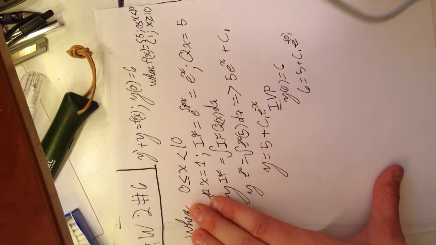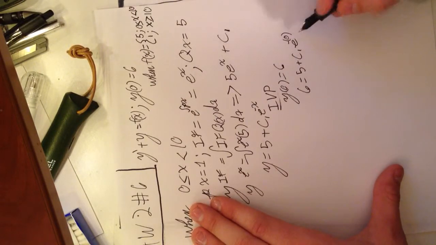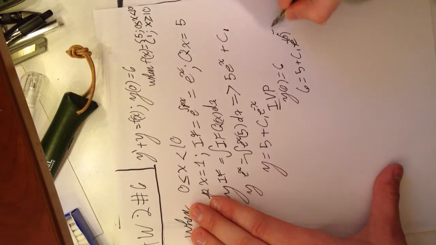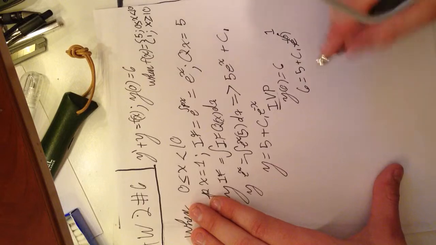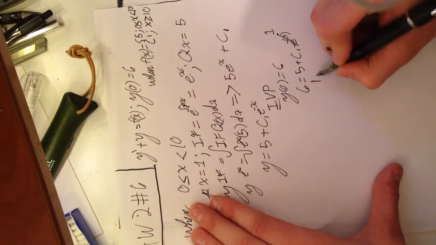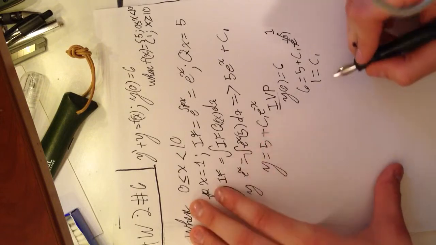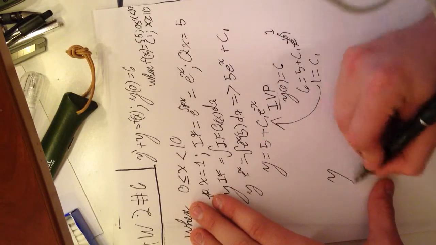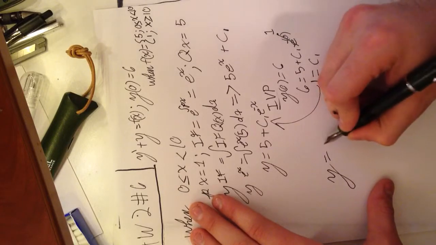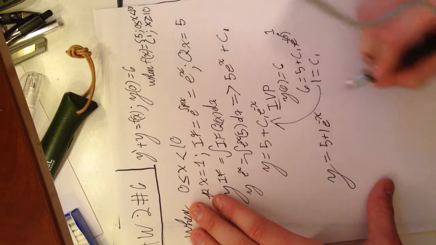Now we know from math that e to the 0 power is just 1, so we can cross that out and put a 1 up here. Now we can subtract 5 over, and that gives us 1 is equal to c1. Now we know our c1 value. We plug it back in, and that gives us y is equal to 5 plus 1 e to the negative x.